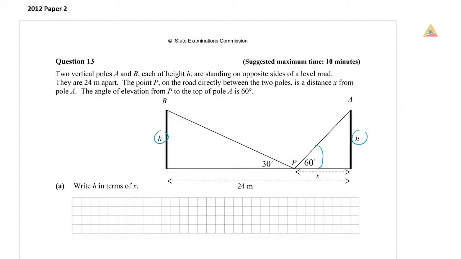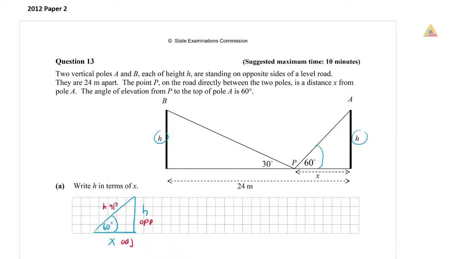Now, it asks us to write h in terms of x. I'm just going to draw the smaller triangle because that's what we're dealing with here. So this is 60 degrees, this is h, and this is x. They're asking us to write h in terms of x. So I'm going to label this triangle. This is the opposite, this is the hypotenuse, and x is the adjacent.